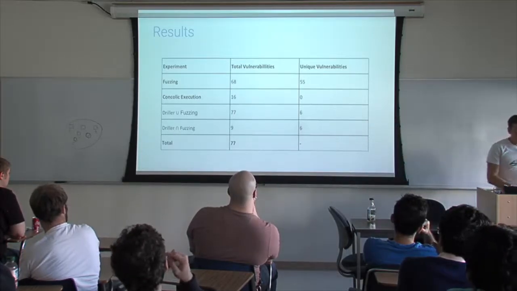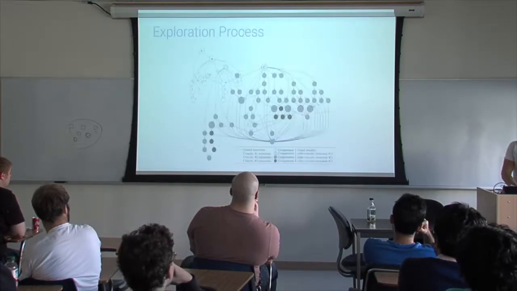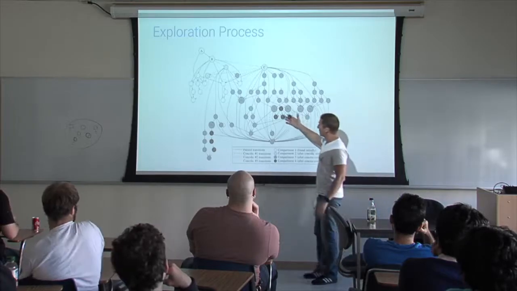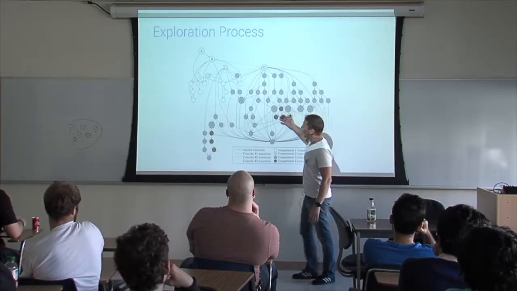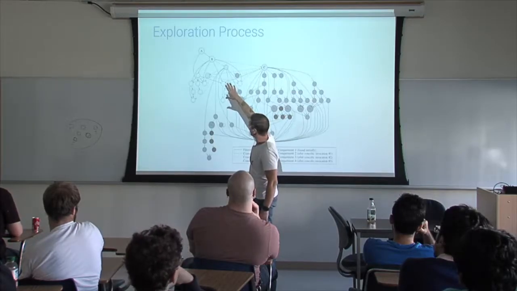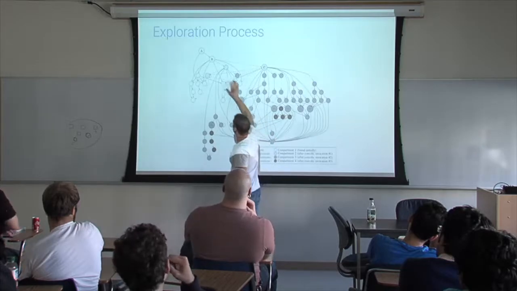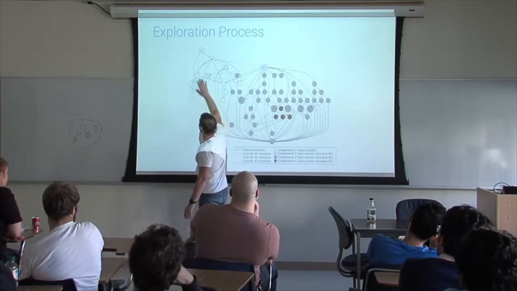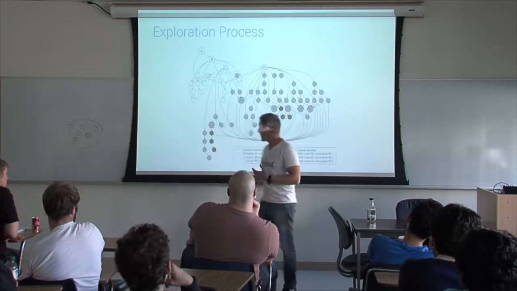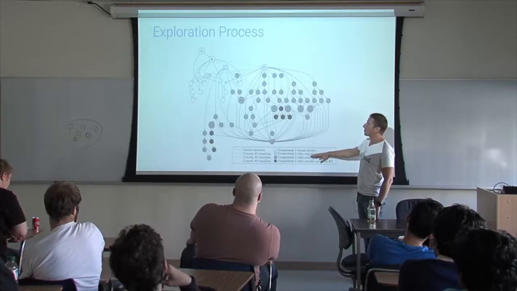But the actually interesting thing, and I want to show you this graphic, is how deep in the code these vulnerabilities were. This is an exploration where you start from the very beginning of the code, and you can see that the white basic blocks are the ones that were covered from the initial random exploration. And then the system got stuck and said, okay, let's engage concolic execution.